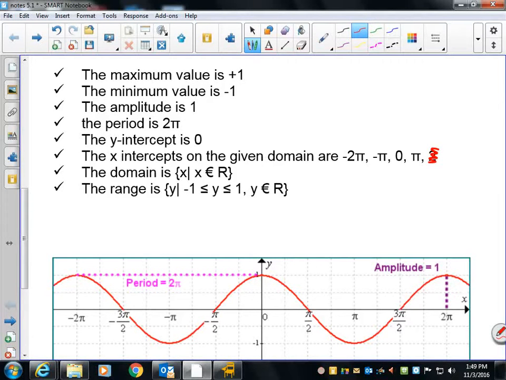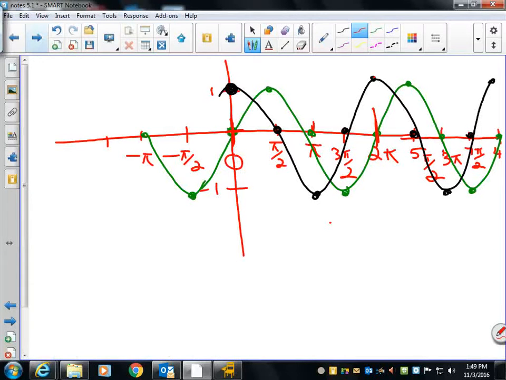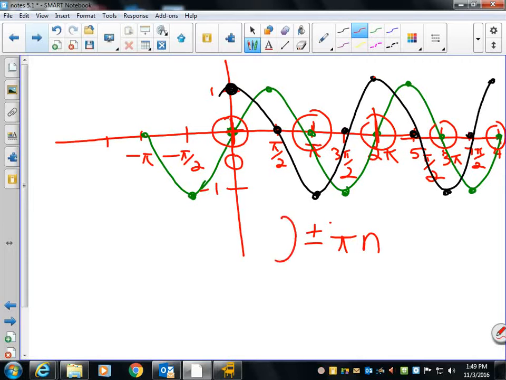If we look, x-intercepts, it's 0. It's at every pi. So if we wanted to give a general kind of thing, we could say pi n, right? Plus or minus pi n. 0 plus or minus pi n, right? Because it could be 2 pi, 3 pi, 1 pi, -1 pi. That's where all the x-intercepts are.